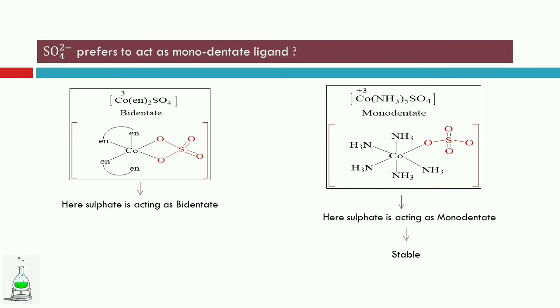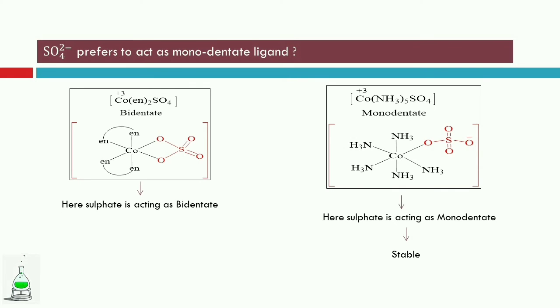Let's see here. In the first complex, sulfate is acting as a bidentate ligand, and in the second complex, sulfate ion is acting as a monodentate ligand, and it is going to form only one coordinate bond with the central metal ion. As I already said, the non-chelated complexes are really stable as compared to the chelated complexes with 3 or 4 membered rings.